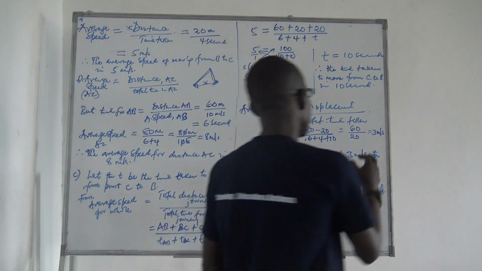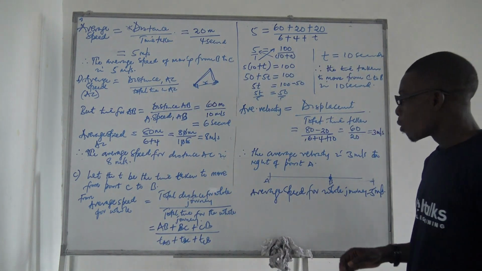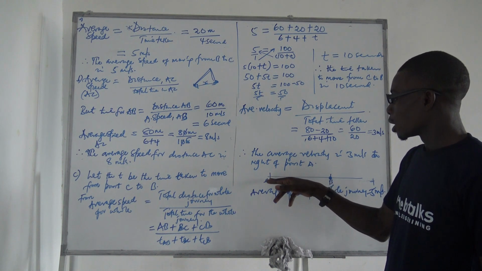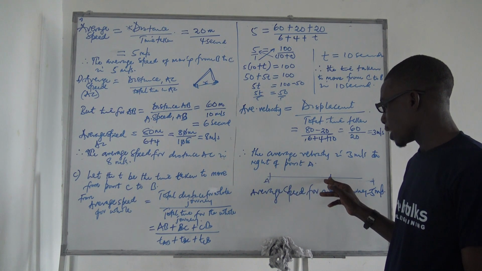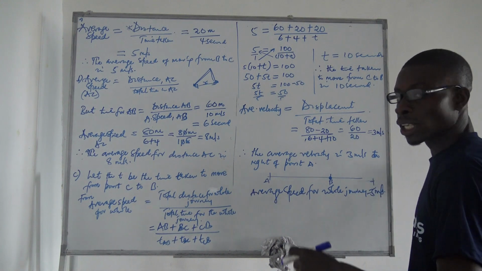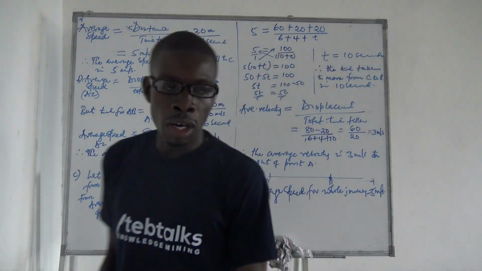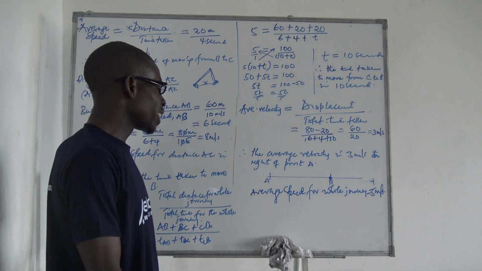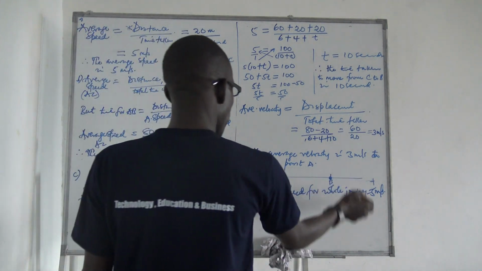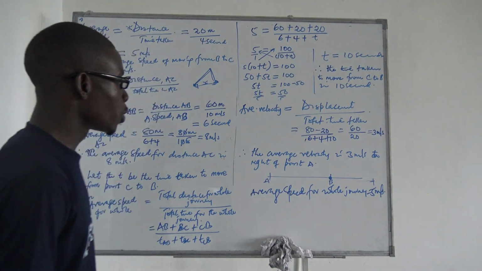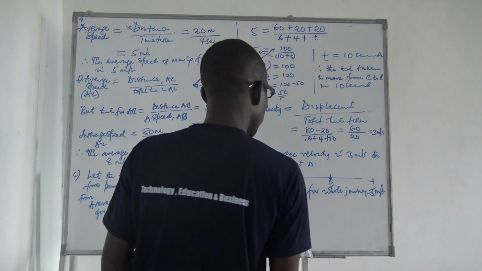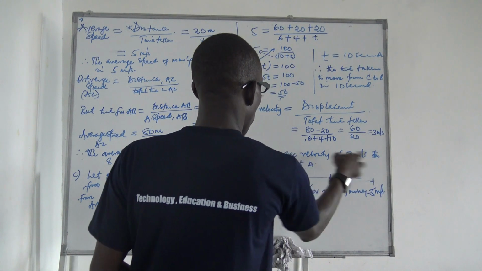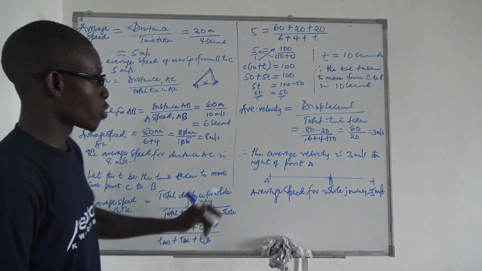If this is our magnitude, then look, where are you? This is our main point, the origin, where we started everything from. This point B is where the particle finally is. It is on the right of point A. Therefore, you should say now the average velocity is 3 meters per second to the right of point A. So it is to the right.